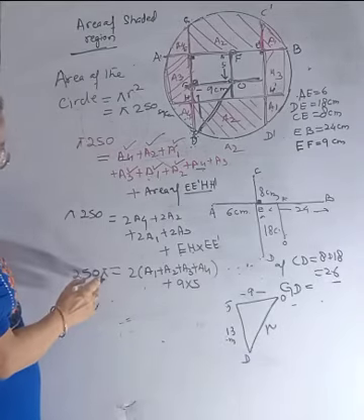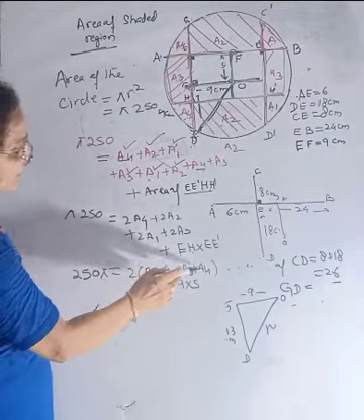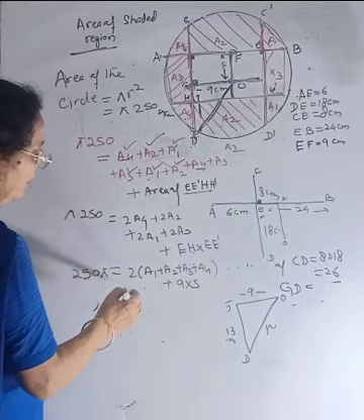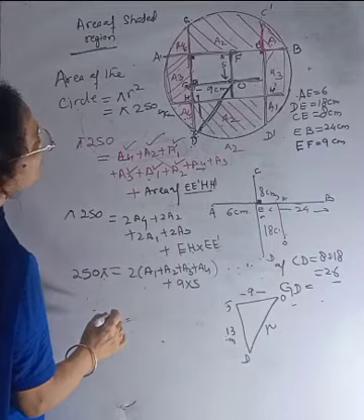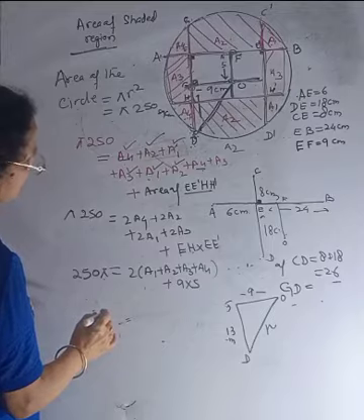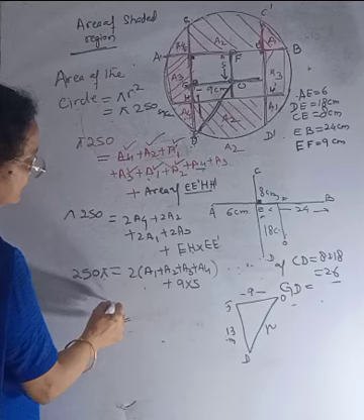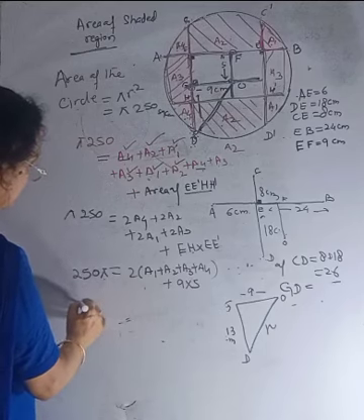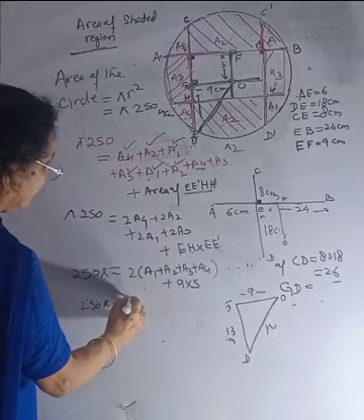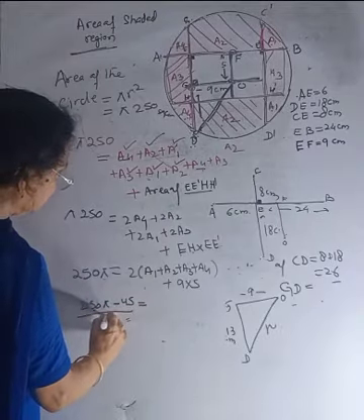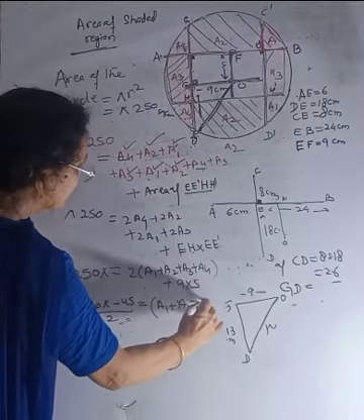Or we can say 250 pi minus 45 divided by 2 is equal to A1 plus A2 plus A3 plus A4.